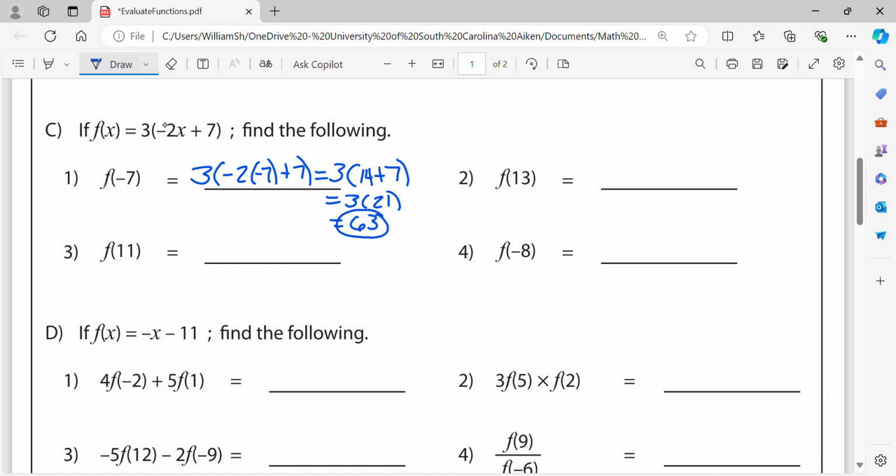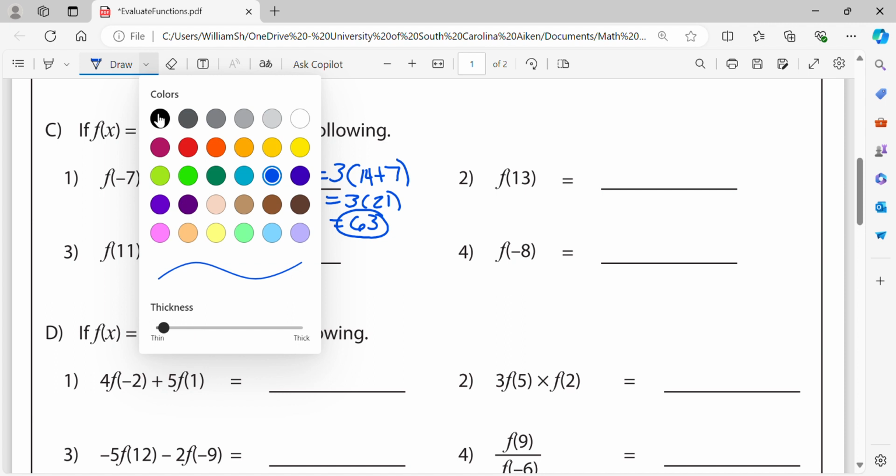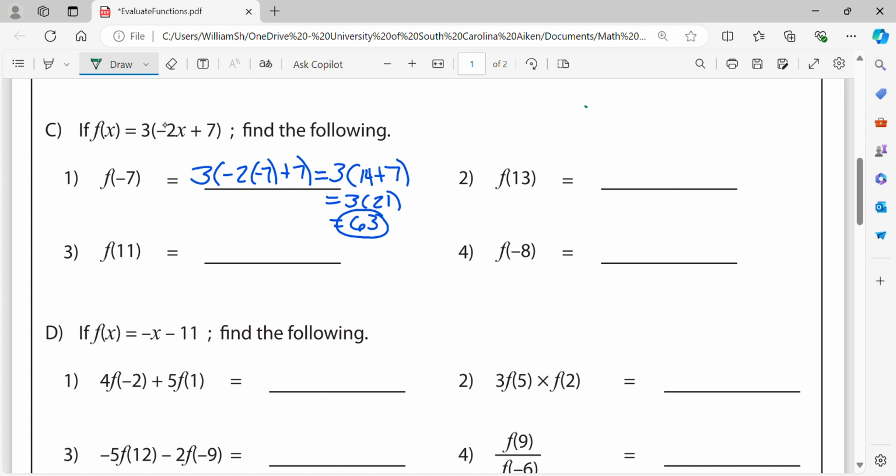Now let's look at what happens when we change the input variable x. For number 2, we're changing the input variable of x to 13. So f of 13. We're keeping the same function, but instead of plugging in a negative 7 like we did last time, we are now plugging in a 13.